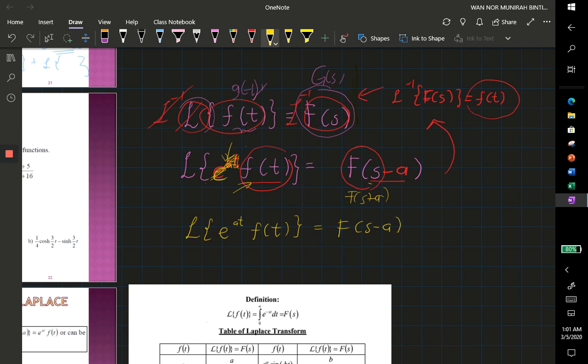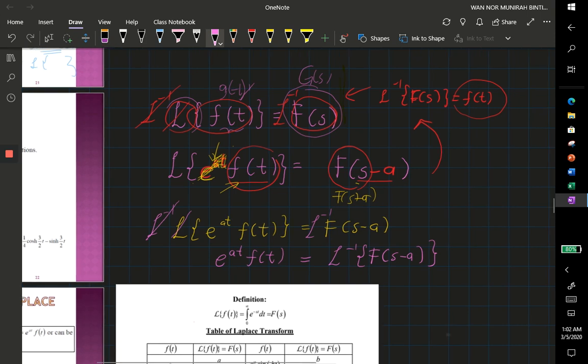But now the inverse of the Laplace transform. So I take the Laplace inverse on both sides of the function. Laplace inverse and Laplace are gone. So what you have? e^(at) f(t) on your left. On your right, you have the Laplace inverse of F(s minus a).